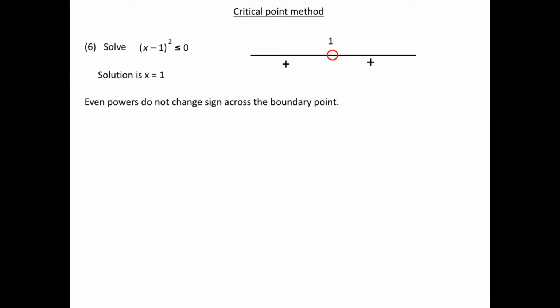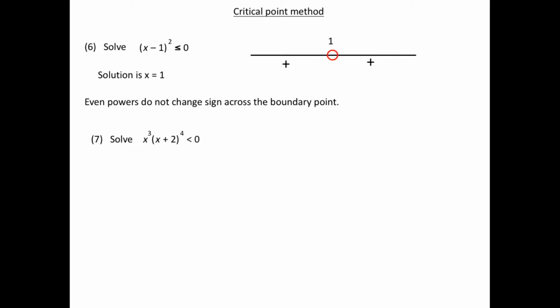Now, in the next example, let's solve x cubed times x plus 2 to the 4 is less than or equal to 0.